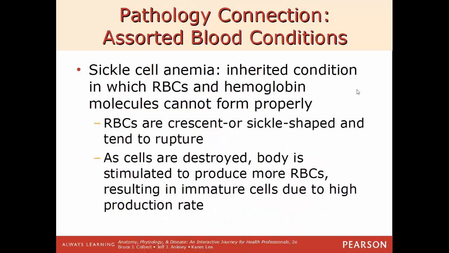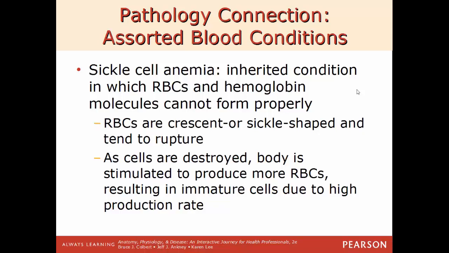Sickle cell anemia. This is an inherited condition in which the red blood cells and hemoglobin can't form properly. Instead of being flat and biconcave in shape, they form a sickle, which is like a crescent shape. Because of this, they can't carry as much oxygen. They tend to get stuck within blood vessels, and they are easy to rupture.